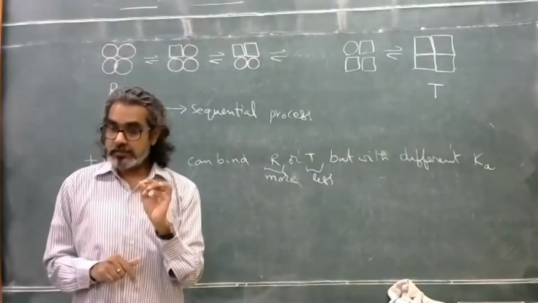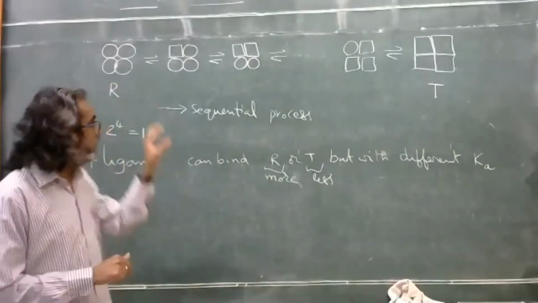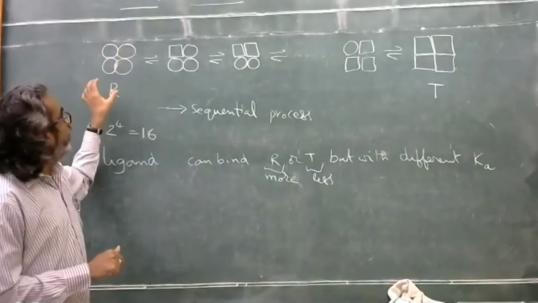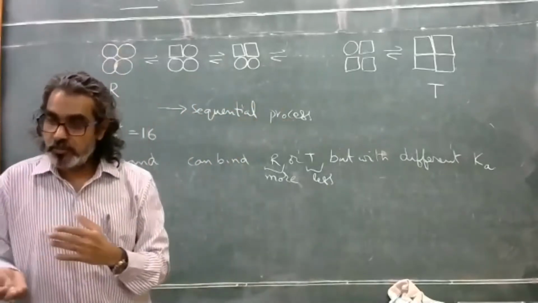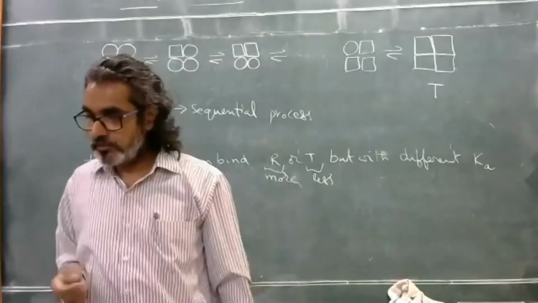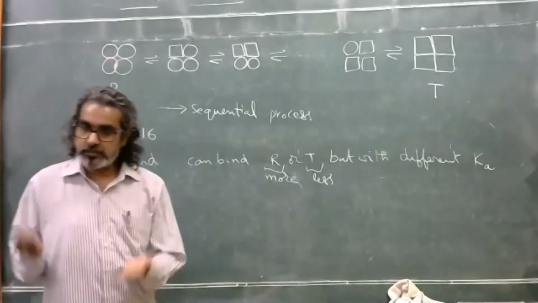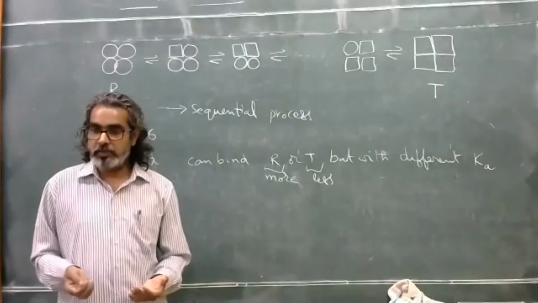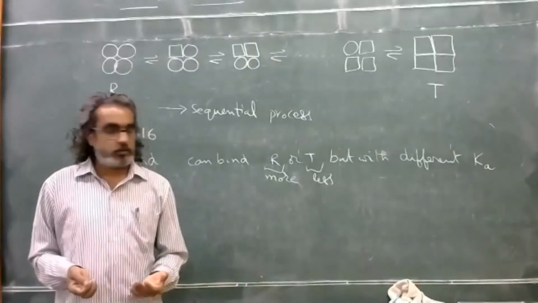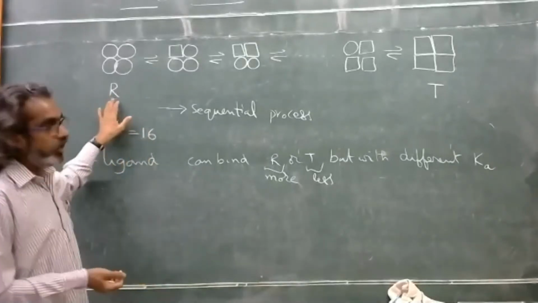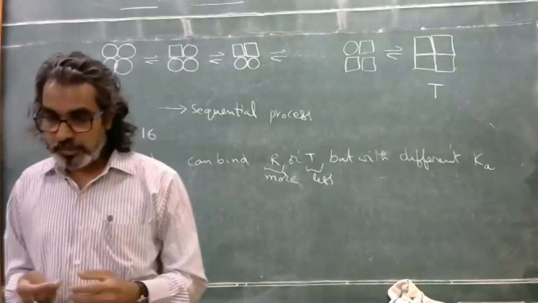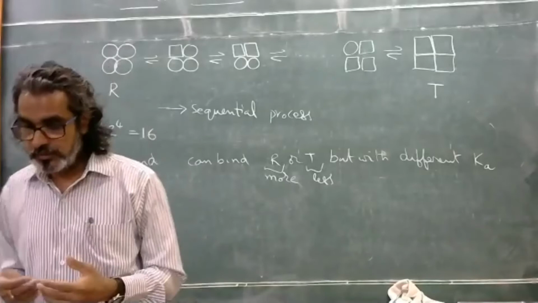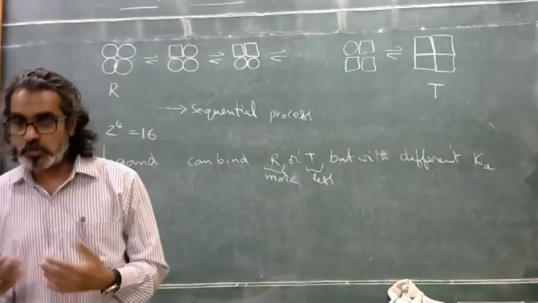If the interaction stability is more in R versus T, then preferentially the equilibrium shifts to one. In the case of hemoglobin, there is a tilt in the equilibrium because, for example, in R state the molecules have additional strength because they form additional salt bridges with each other.